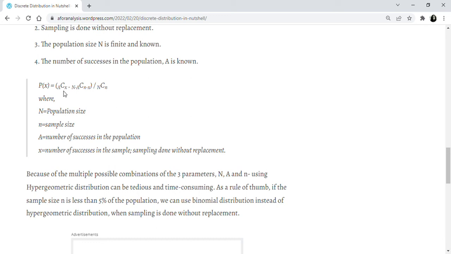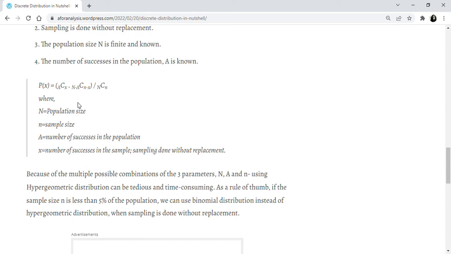Even though I read it out, it probably doesn't make any sense when somebody is hearing it, so I will explain it a little bit further. Capital N is the population size, small n is the sample size, capital A is the number of successes in the population, and small x is the number of successes in the sample when sampling is done without replacement.